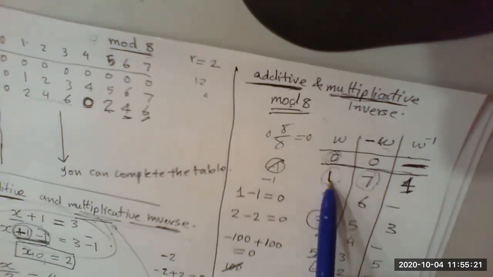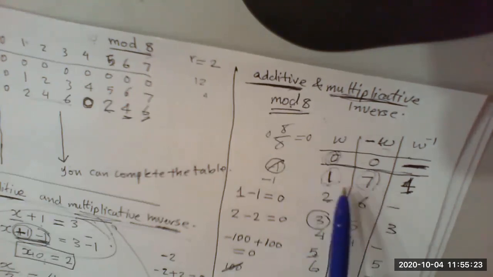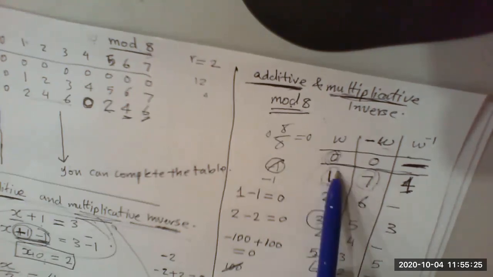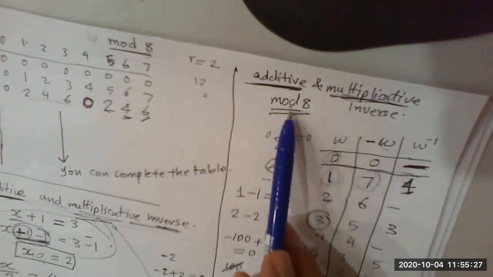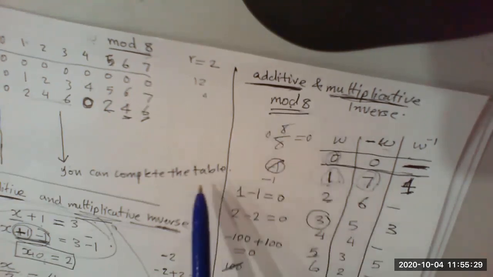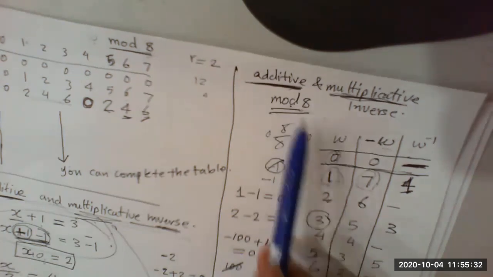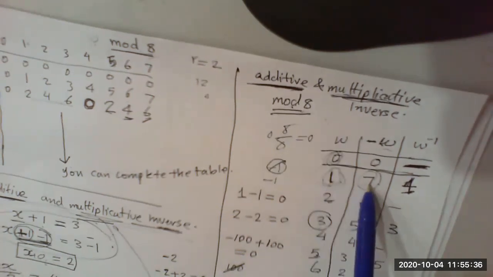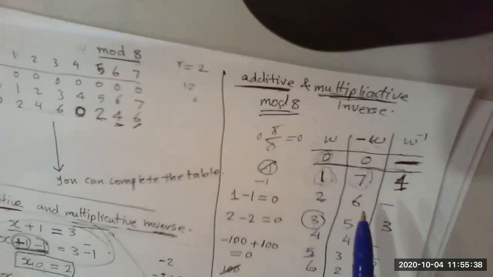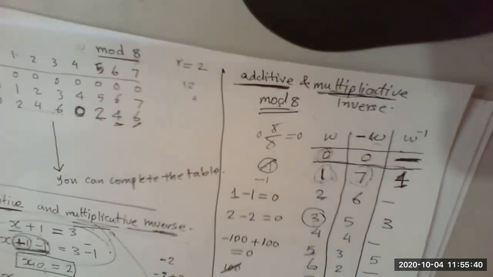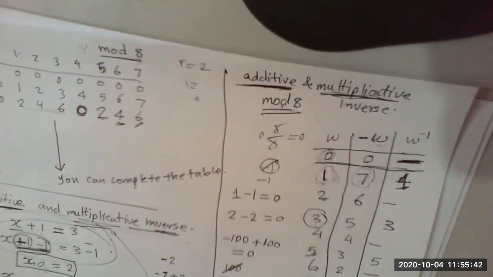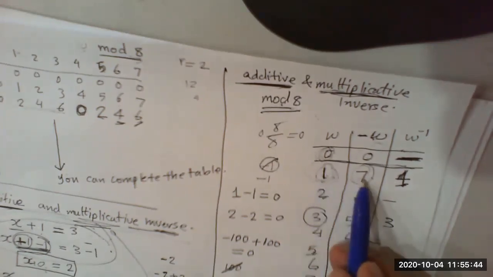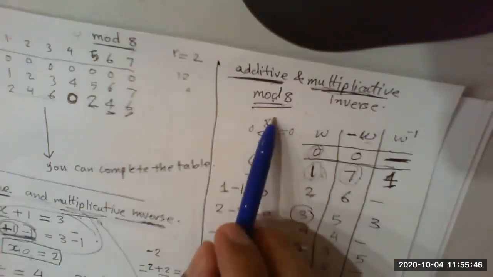So now I want a number that, if I sum it to 1, will give me 0 mod 8. For example, I take 1 plus 7 is 8. Mod 8 equals 0. So 1 plus 7 equals 0 mod 8.